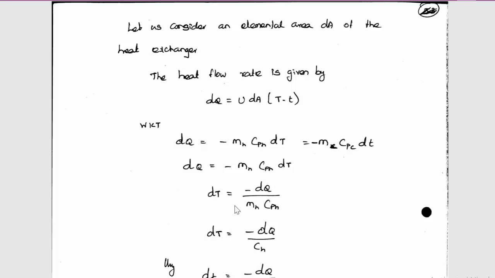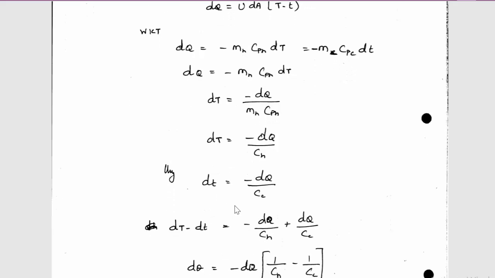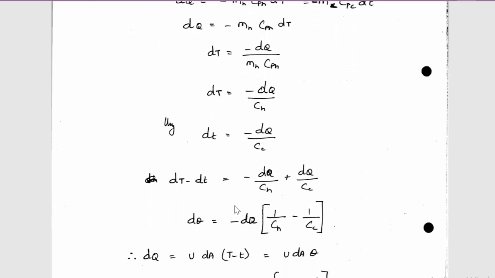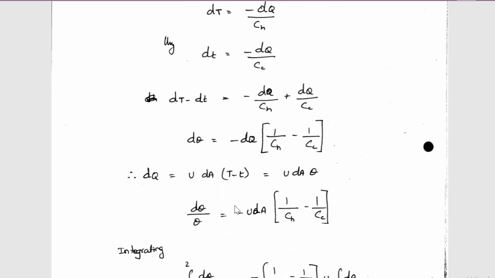So the same thing will come, dq equal to UA into T minus t. Okay, from this derivation, we can know how to derive the logarithmic mean temperature difference for counter flow heat exchangers.